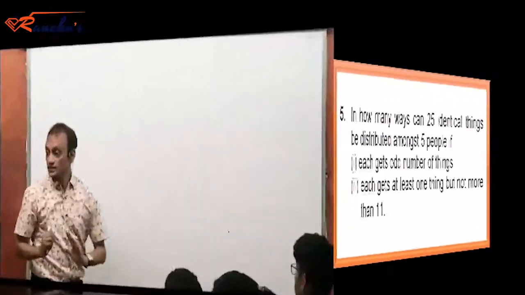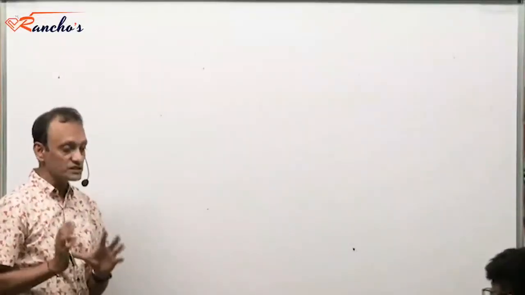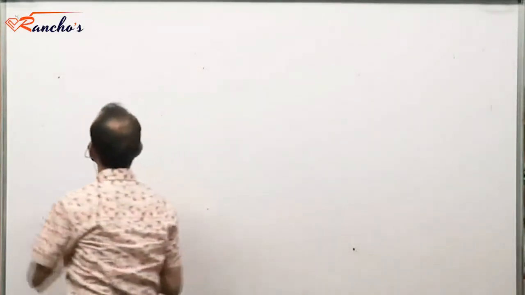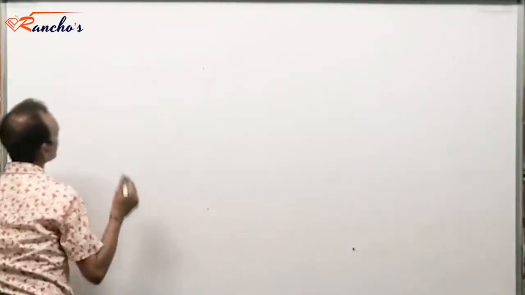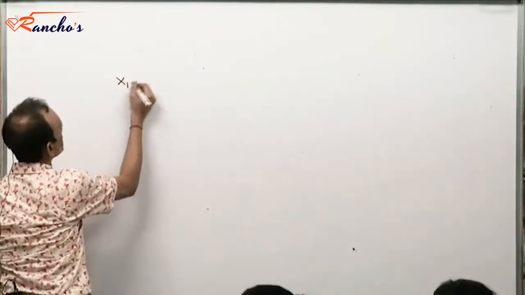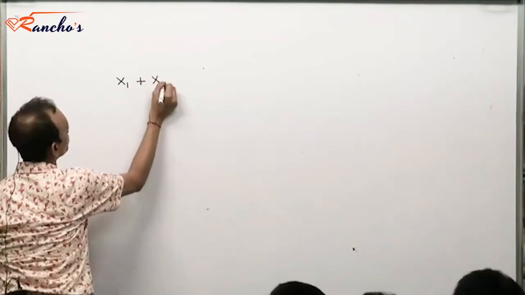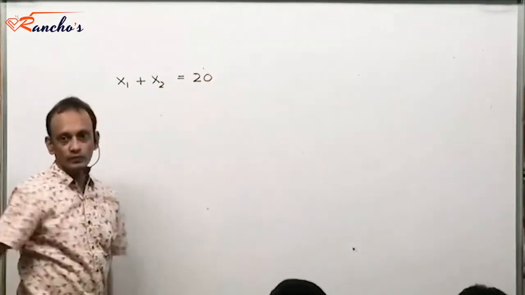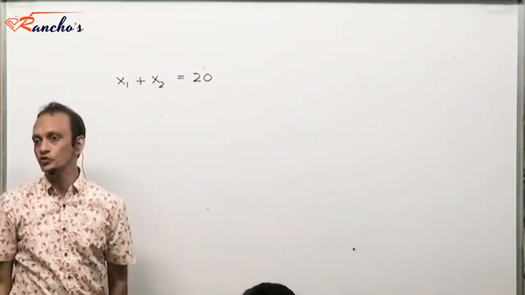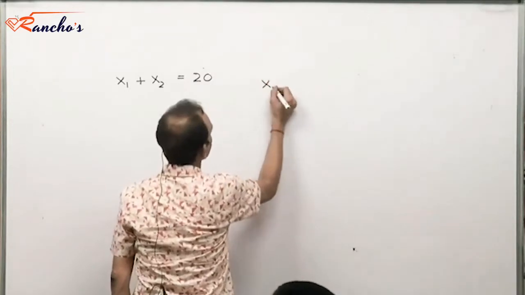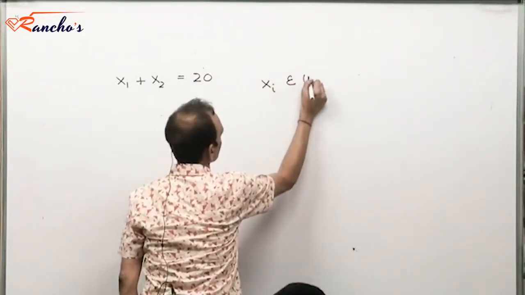Before I move on to the next problem, I just want to emphasize a concept. See, say I have x1 plus x2 equal to 20, and the xi's are whole numbers.